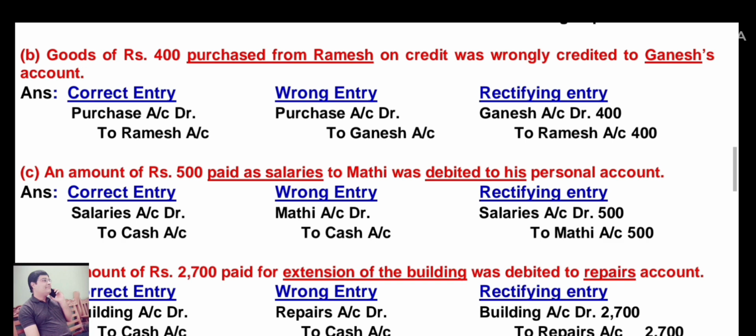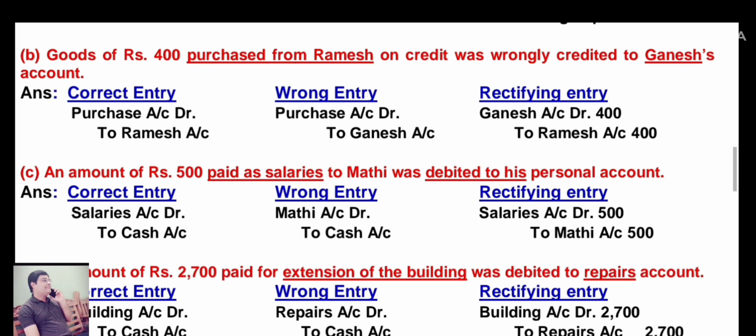So if we want to rectify the Ganesh entry, what do we have to do? We have to write on the opposite side. Now see the first correct entry. To Ramesh account is given. Purchase is correct. Only the credit side has the mistake.